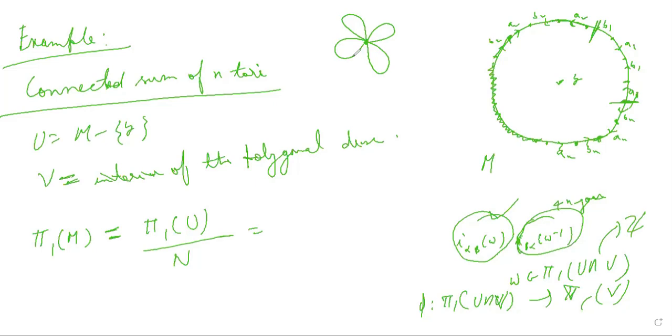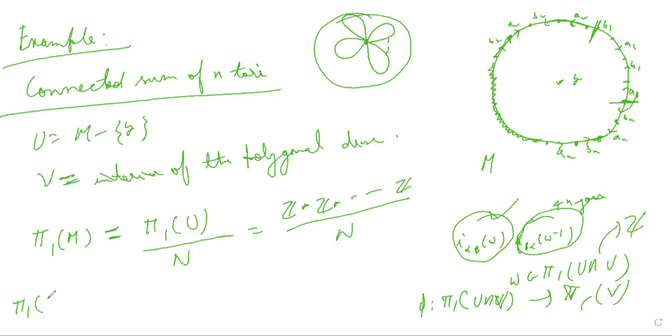So U deformation retracts onto a space of this kind, and we have seen that its fundamental group is the free product of n copies of Z.